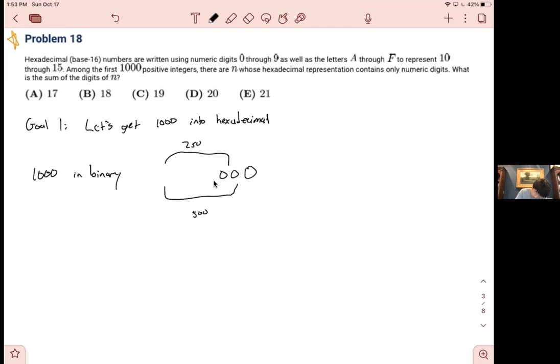That should be 250. This should be 125. And then now we add a 1. And then if this is 62, then it'll be 62 times 2 plus 1. So this should be 0, and we should have a 31. And then 31 is just going to be 5 ones.